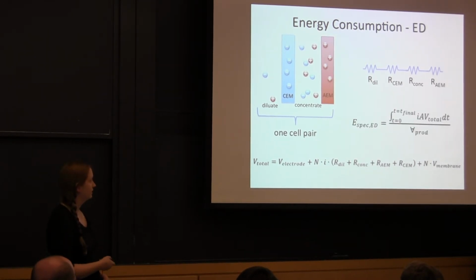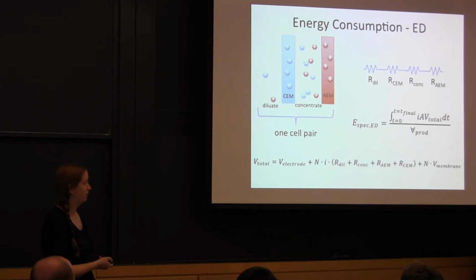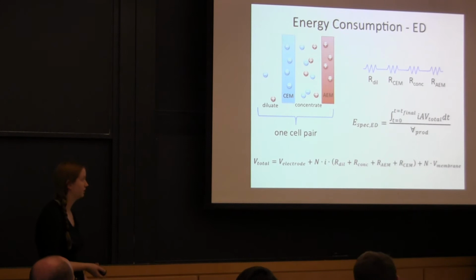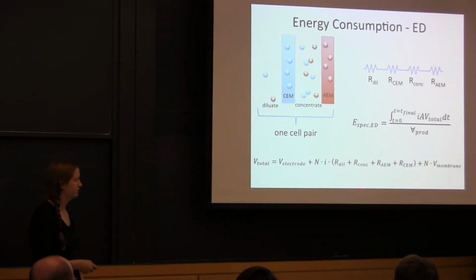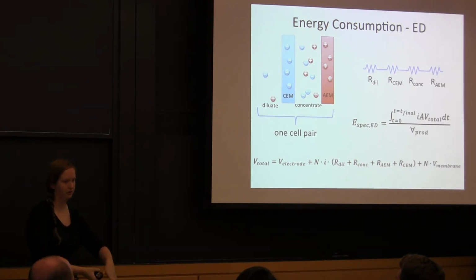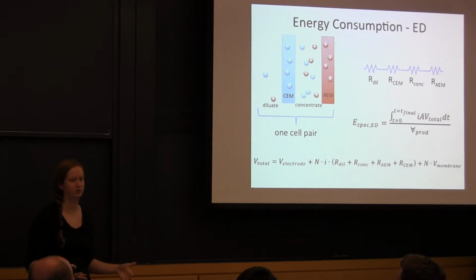But essentially your energy scales with your current and your voltage, or it's the integral of that power over time that it's in the system. And we know that as the resistance of the system increases, the energy goes up, which means that as you desalinate the water and the salinity gets lower and lower, so you start with 3,000 ppm, but as you bring it down to 500, your power consumption in those last few stages goes up.